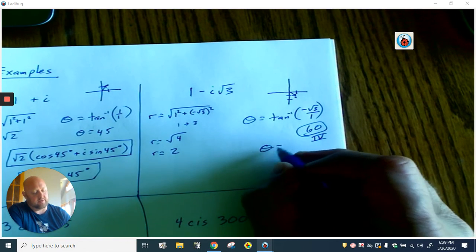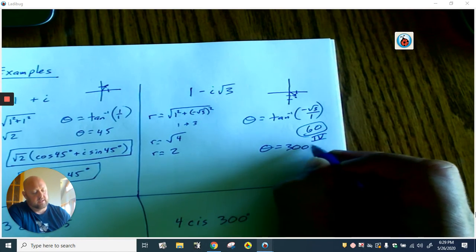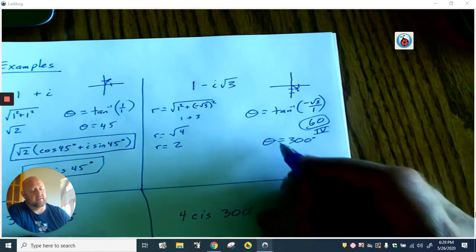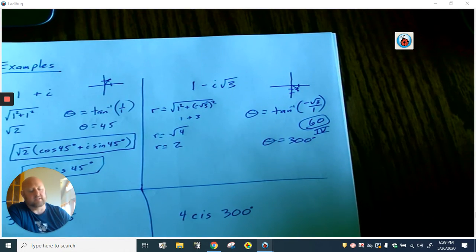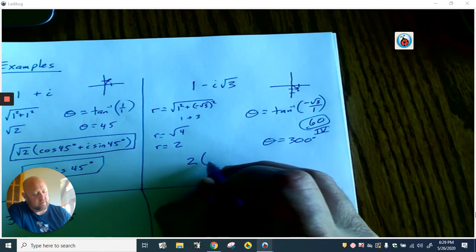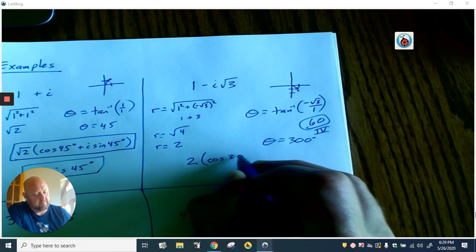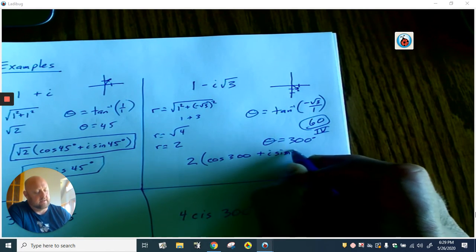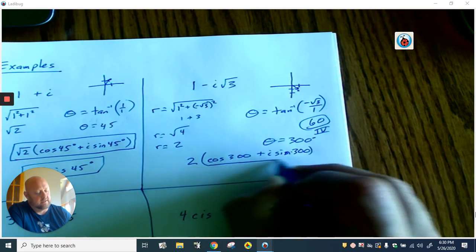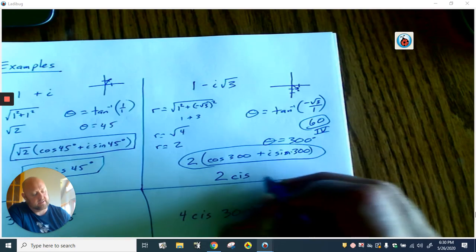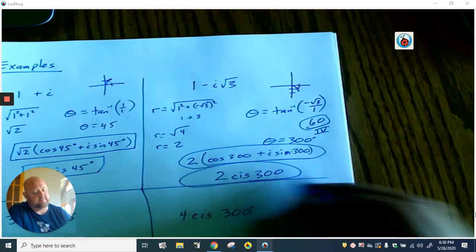So our theta, our angle, is 300 degrees. You could use negative 60 as well, but it looks better to stay positive. So our answer would be 2 times the quantity of cosine of 300 plus i sine of 300. Or, shorthand version, 2 cis 300.